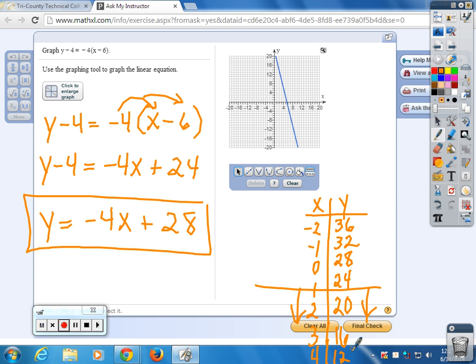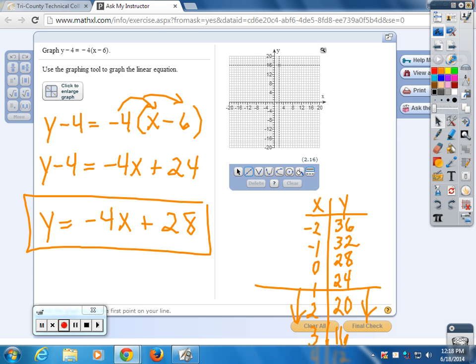And how do you graph it? Well, you hit these two buttons right here. Clear. You hit the button that has a straight line, because we haven't learned how to graph nonlinear. I'm just going to pick 2 points, 2 and 20. They even give you a little box down here to make sure that you're on 2 and 20.